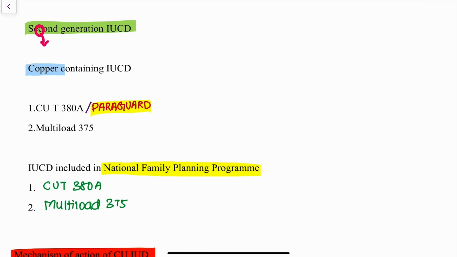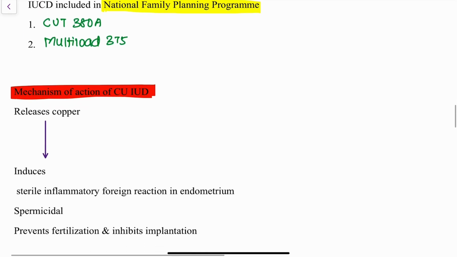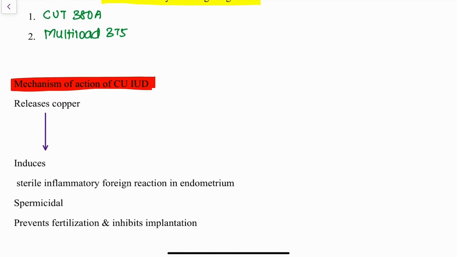And the intrauterine contraceptive devices which are included in the National Family Planning Program are these second generation copper containing devices, that is the copper T380A Paragard and the multi-load 375. So this is a very important question for you.